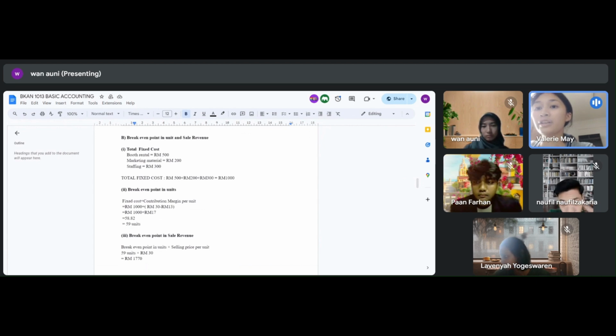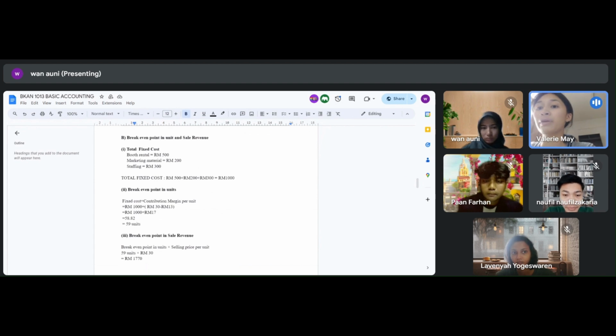So 1,000 divided by 30 ringgit minus 10 ringgit plus the 3 ringgit commission, which equals 1,000 divided by 70 ringgit. So it equals 58.82 units, but I round it off to 59 units.